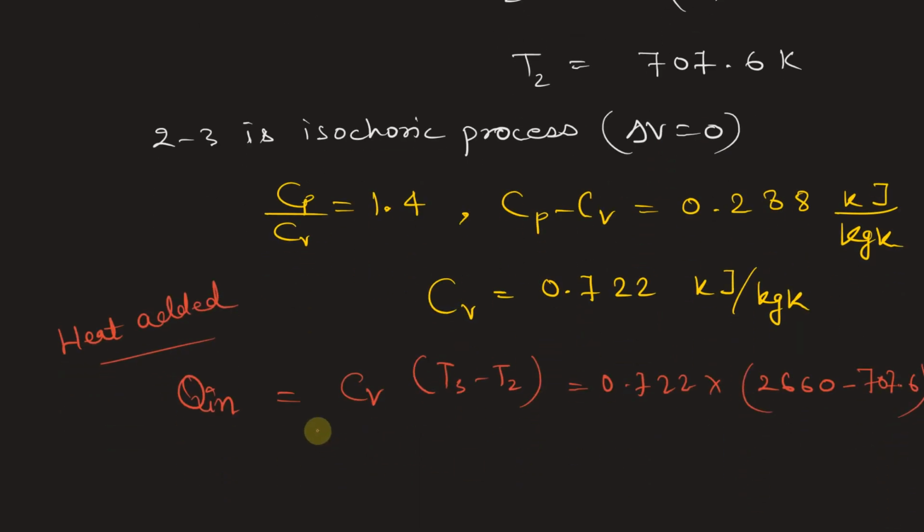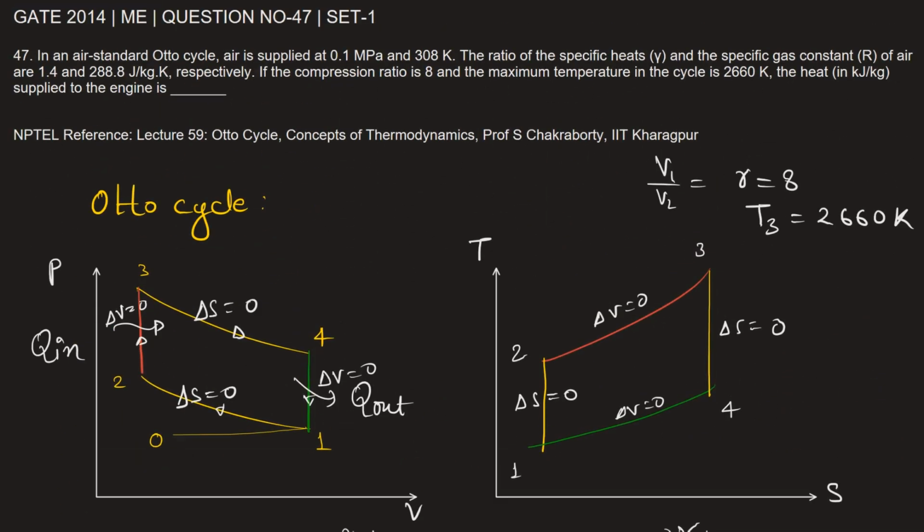So from here Q in, the heat added to the system, will be 1409.63 kilojoule per kilogram. Now let's fill in the blank. The heat supplied in kilojoule per kilogram is 1409.63.